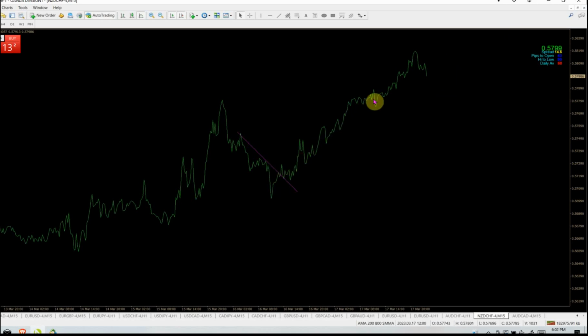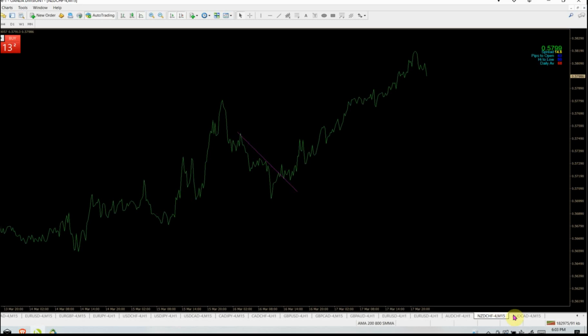Nowhere in here is there really an entry using this methodology, because you can see we're just grinding higher. So hopefully you were already in this if you were going to use this method. Okay, so that's an example of another entry, not as obvious but clearly there, and just what price looks like as it's grinding higher.